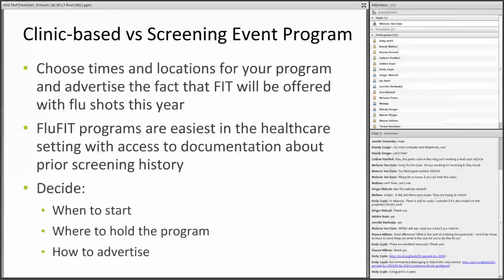And then also just know the who, what, when, and where. What time is the event going to be? Where are you holding the program so that the public can access it? How to advertise. Some other more logistical things are, are you going to roster bill for these, or are these going to be free services? Or do you have a grant to do some of this stuff? So some of those logistics.